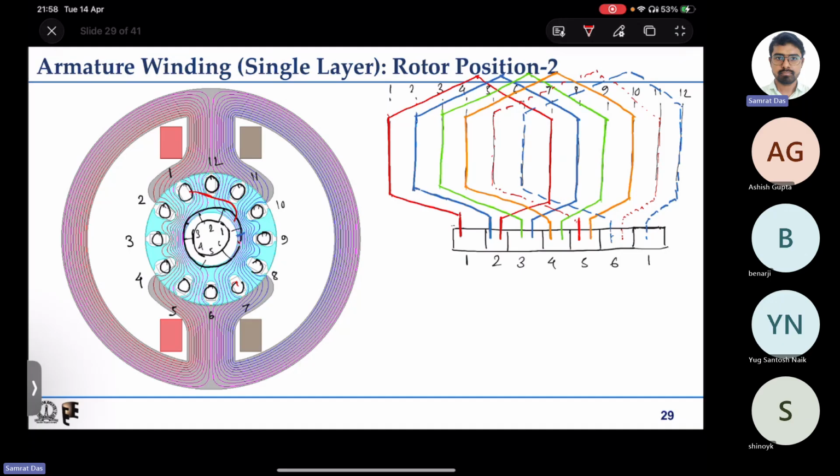So what is a good way to represent this? It is quite complicated to draw it in the circular one. If we start numbering from the third slot as one, the commutator segment which is near the third slot may be the best one, I guess.